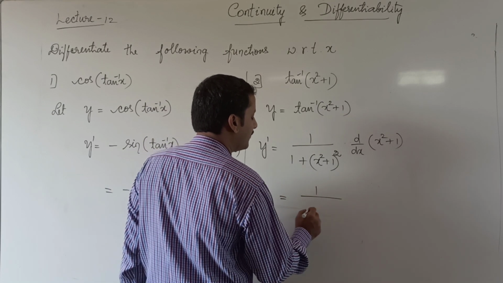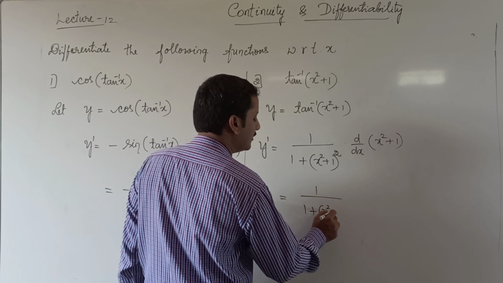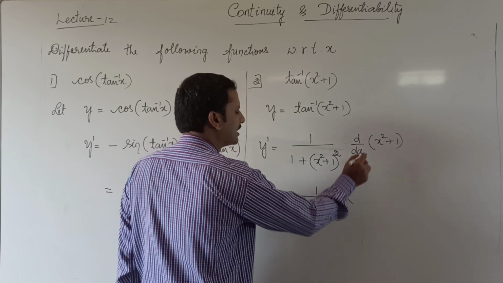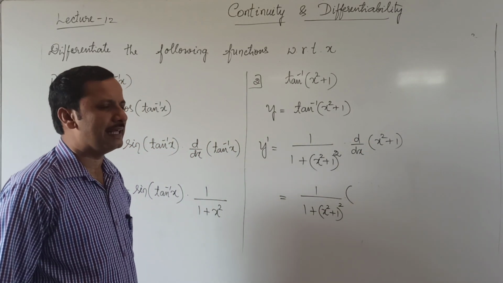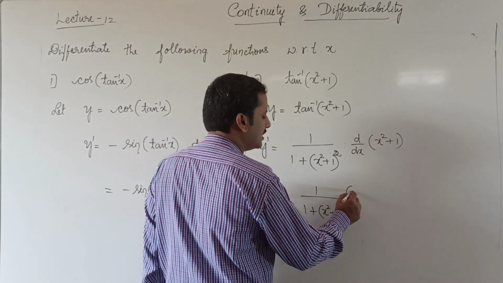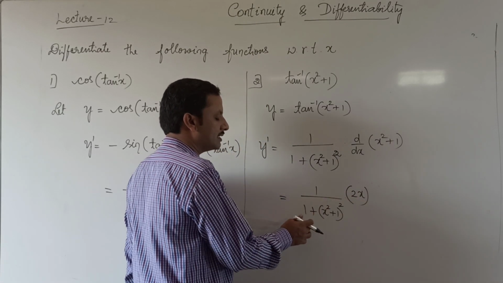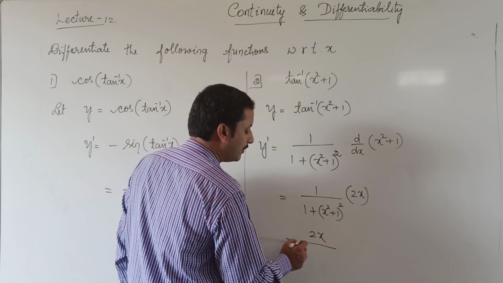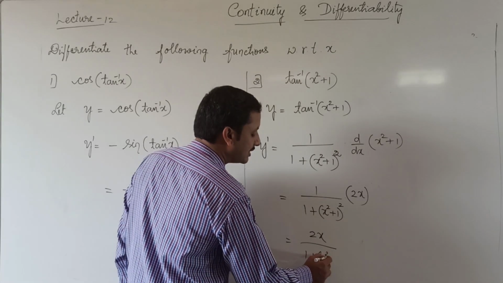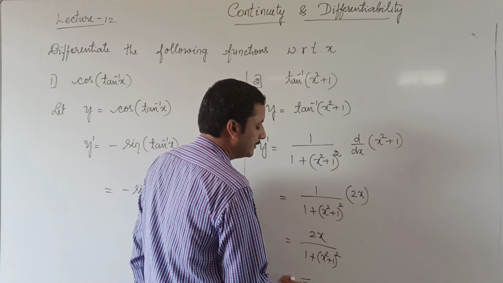What is the derivative of x square plus 1? Derivative of x square is 2x, plus the derivative of 1 which is 0. So 2x by 1 plus x square plus 1 whole square.